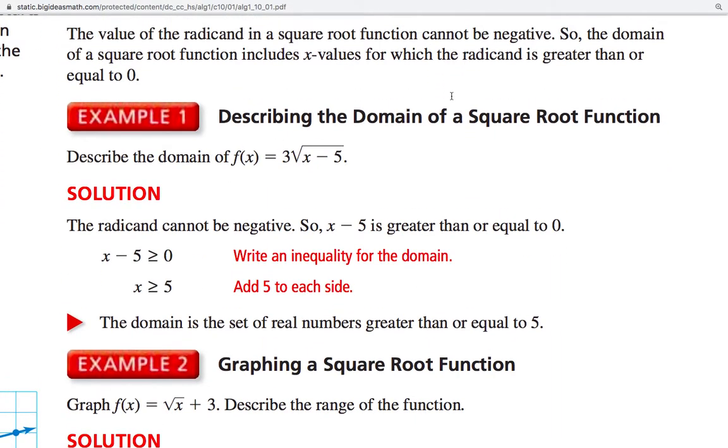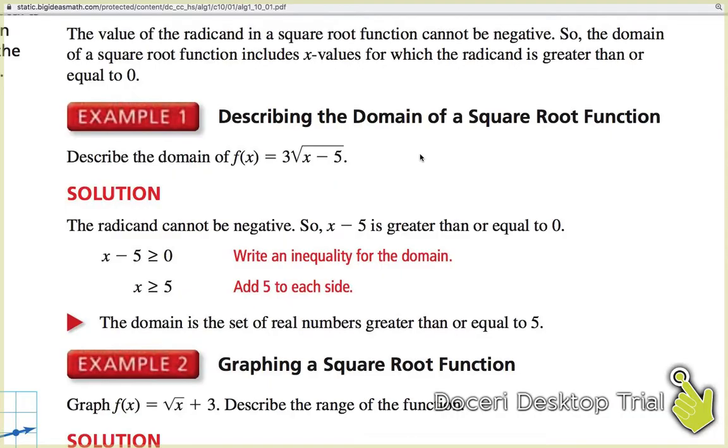So for the domain, we know that what's under the square root has to be greater than or equal to 0. It can't be negative, which means we can take what's under the square root sign, that x minus 5, and say x minus 5 has to be greater than or equal to 0.